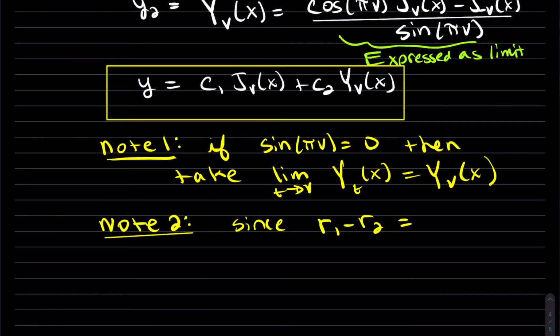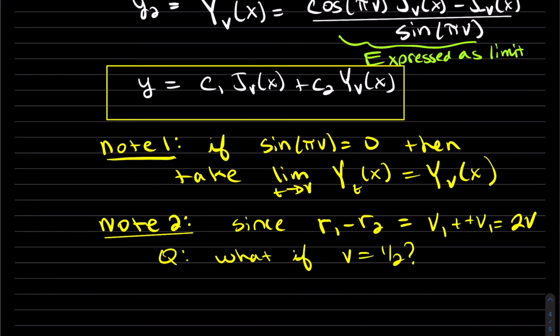So when we subtract R1 and R2, since they are the same thing, it will be v1 minus minus v2. Well, v1, because they will be equal, you always get 2v. So the question is, what if v is equal to 1/2? You get double, it becomes 1.